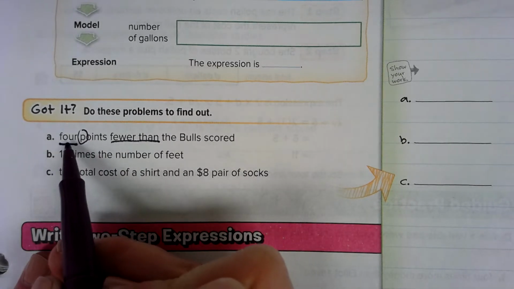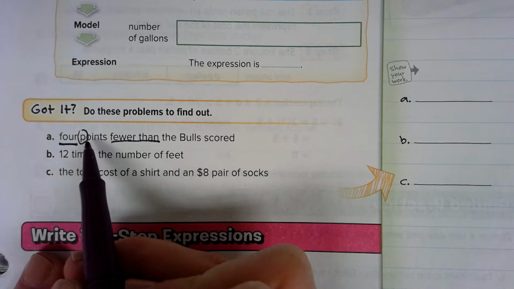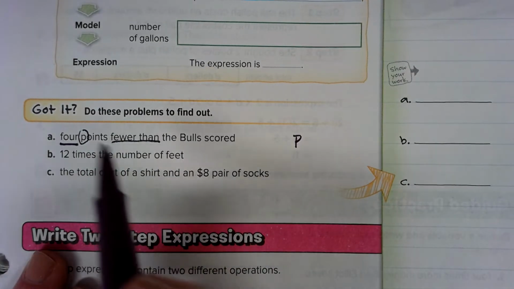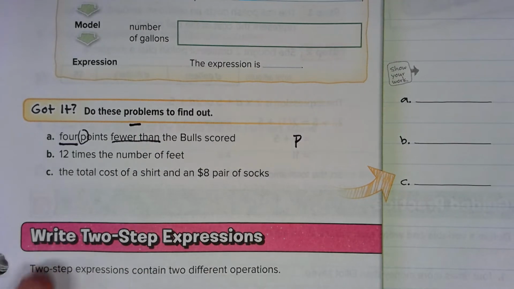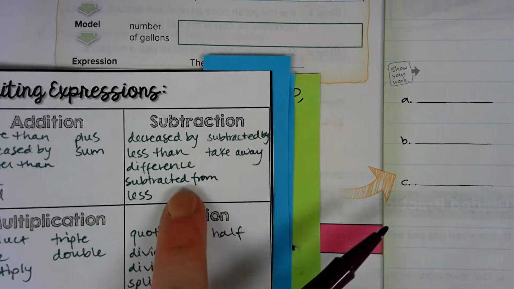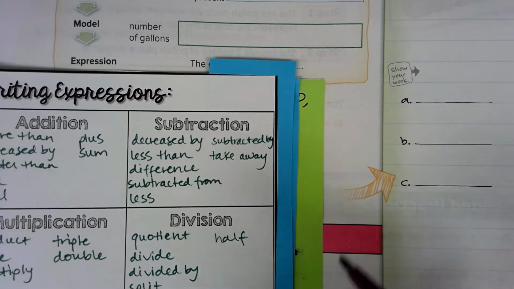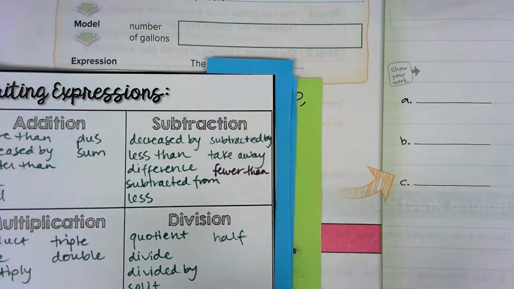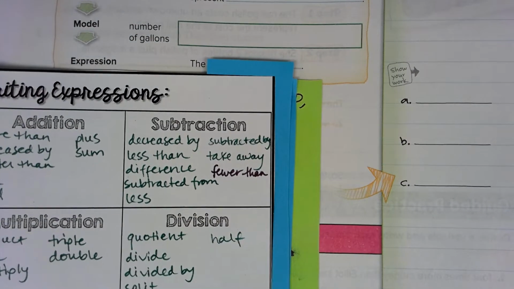So I know I'm working with 4. I'm trying to find points. So I'm going to use P as my variable. Fewer than tells me that it's subtraction. And if you look in here, fewer than, less than, let's add fewer than to our subtraction box in our notes here.